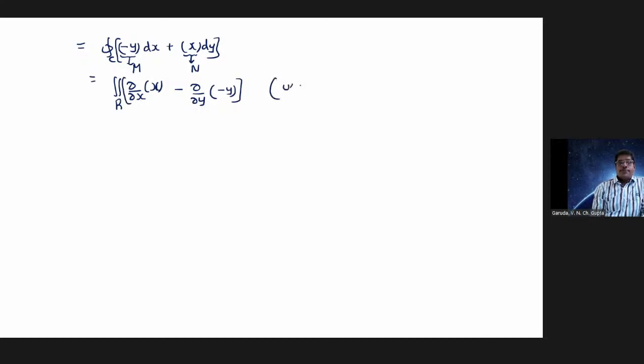using Green's theorem. So this is into dx dy. So double integral over R, this is 1 and this is minus of minus 1, so 1 plus 1, dx dy, which implies 2 times double integral over R dx dy.